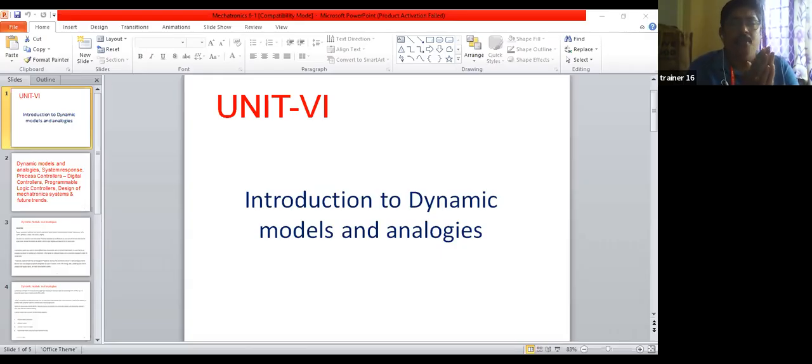Why did we shift from mechanical to mechatronics? In mechanical systems, we have mechanical actuation, and to get our output we use mechanisms like cams and followers and various other types of mechanisms we already discussed.